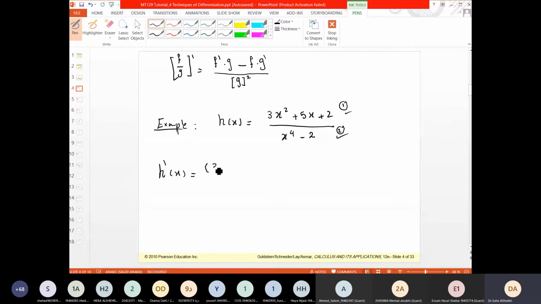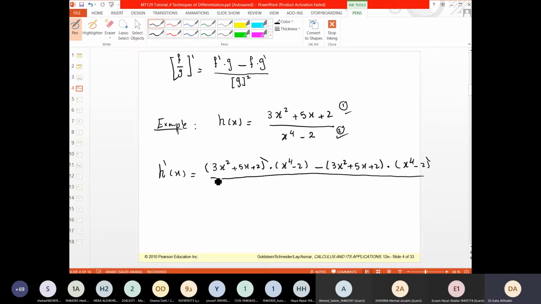So it's actually (3x^2 plus 5x plus 2) dash multiplied with the second, (x^4 minus 2), minus the first as it is, (3x^2 plus 5x plus 2), multiplied with (x^4 minus 2) dash, divided by the second without any change but squared. So (x^4 minus 2) squared.